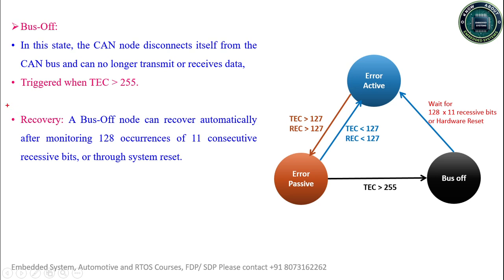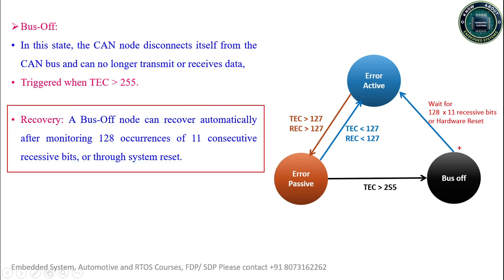So this is the recovery mechanism whenever there is a bus off state. 128 into 11 recessive bits, the ECU has to wait, and after that it will resume into normal active state and communicate normally. So this is one way, and one more way is hardware reset, or system reset. Through the system reset or hardware reset, our ECUs can also be reset to normal operation.